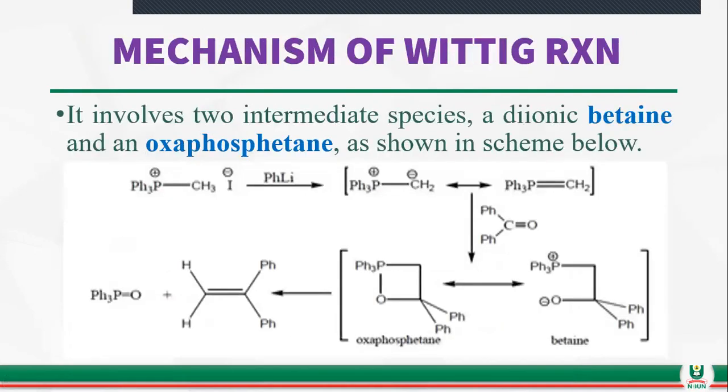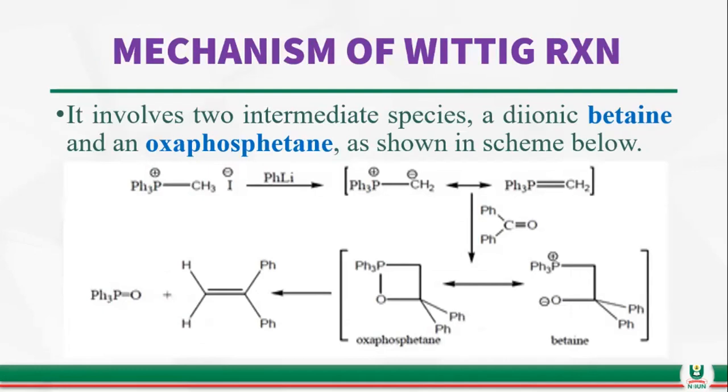So let's look at the steps for the alkene formation. When you are treating your phosphorus ylide with a ketone, it involves 2 intermediate species.